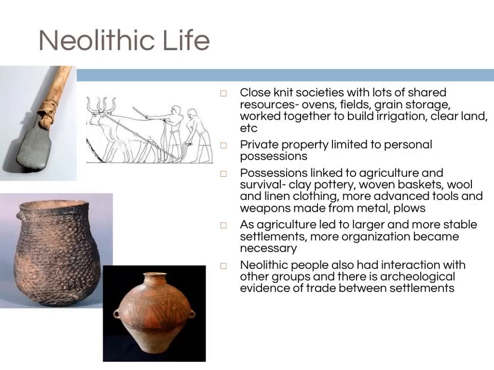More advanced tools and weapons made from metal. Plows were developed. So there's this huge growth of invention. Now that people have a stable food source, and again, we have specialization of labor, it frees people up to create new things. As agriculture led to larger and more stable settlements, more organization became necessary. And there is, again, evidence of trade from this time as archaeologists find resources in a place where they're not native to that place.